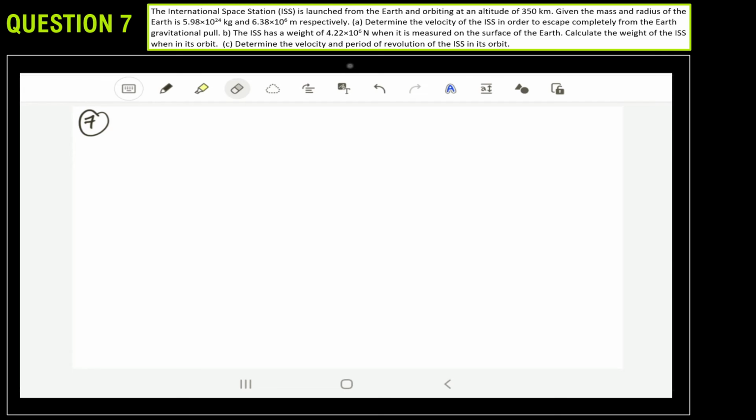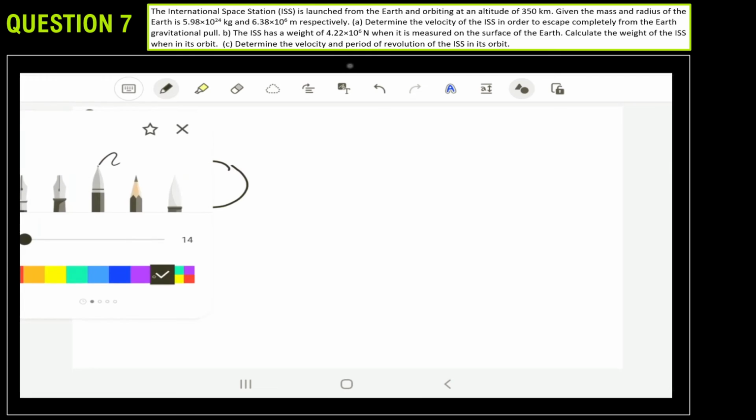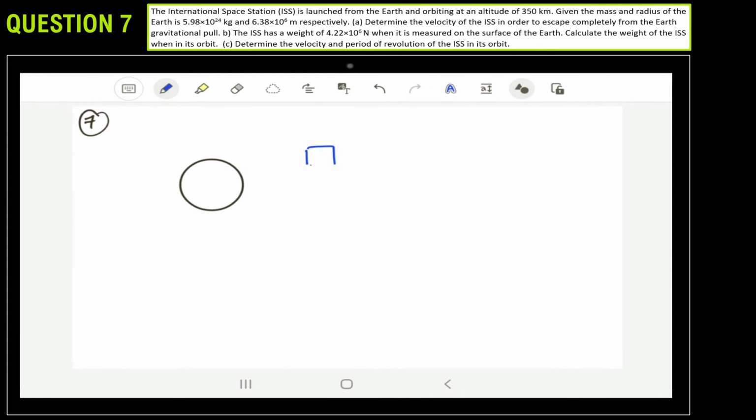Question 7: the International Space Station, ISS, is launched from the Earth and orbiting at an altitude of 350 km. Let's say we have Earth here, and this is the ISS, where the ISS is orbiting the Earth in this direction.